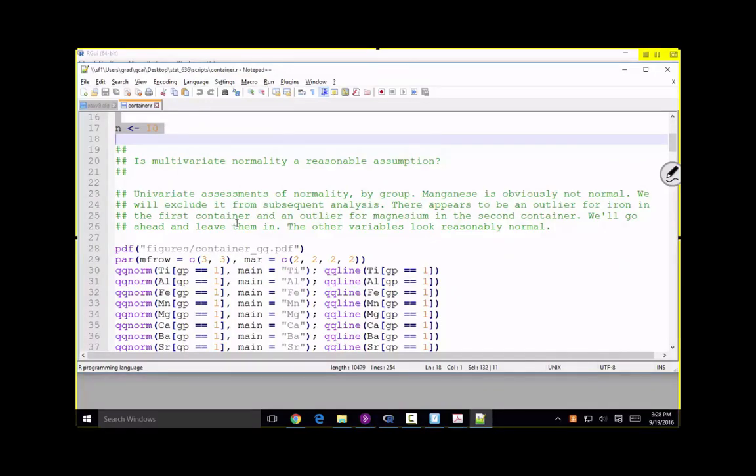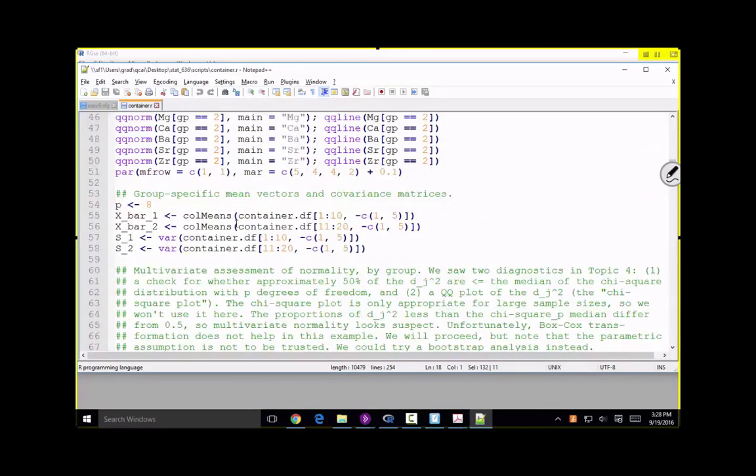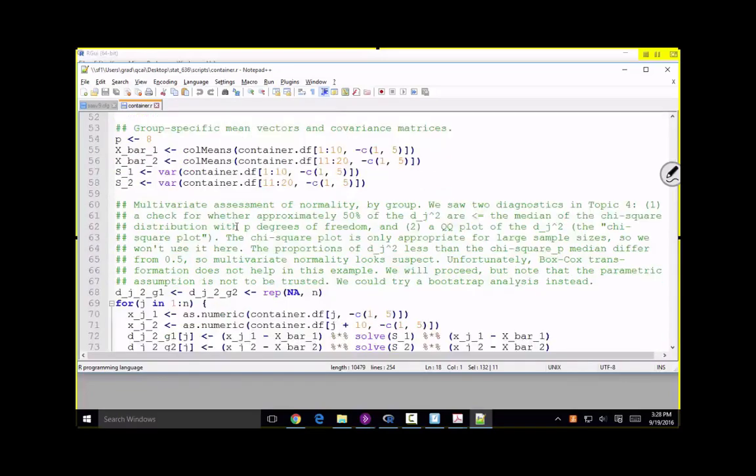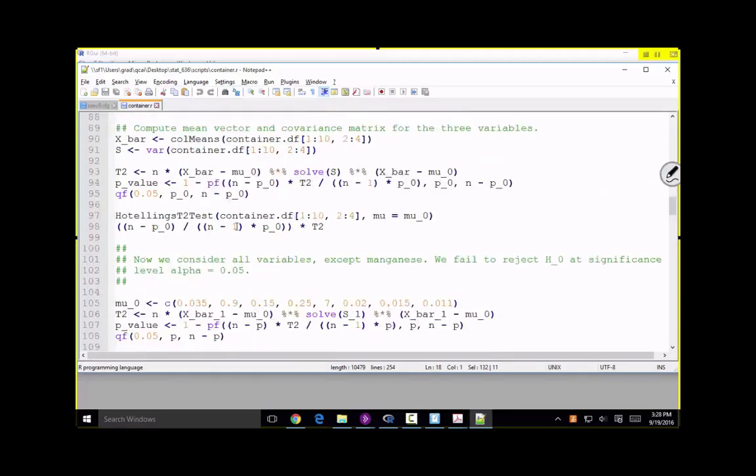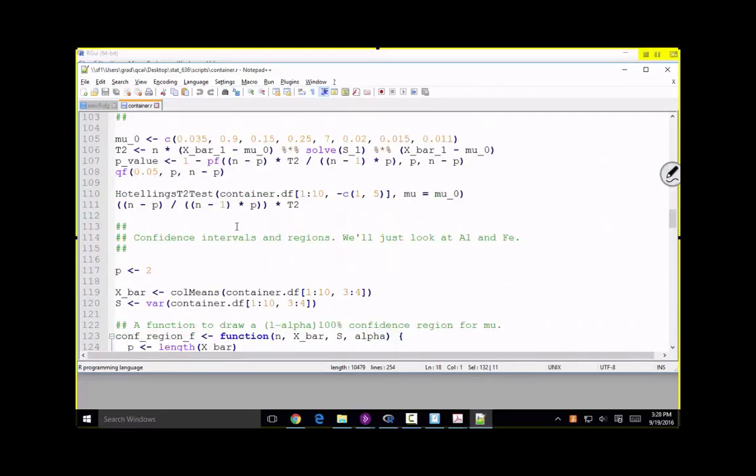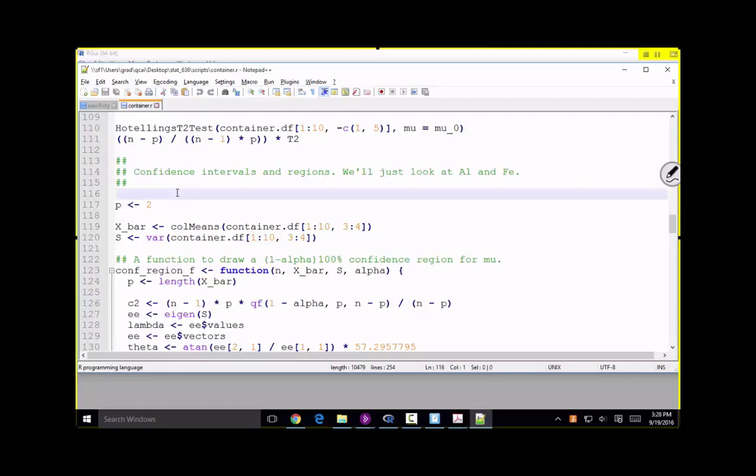We could check normality, group-specific mean vectors. Here's 3 elements. Here's all elements. Here's the code from the slides.